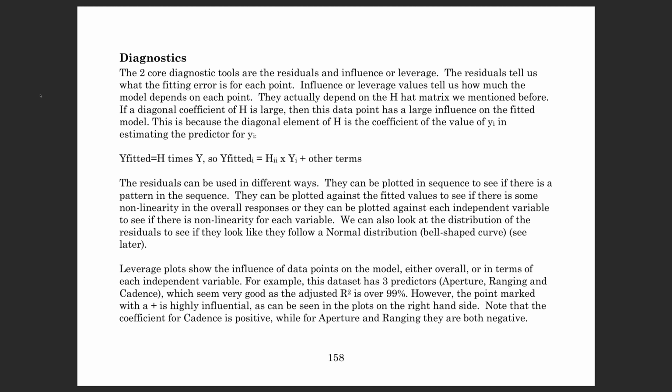If a diagonal coefficient of H is large, that means this data point has a very large influence on the fitted model. That's because the fitted value of y is H times y. So the ith fitted value is just the ith diagonal element of H times the observed yi plus some other terms.